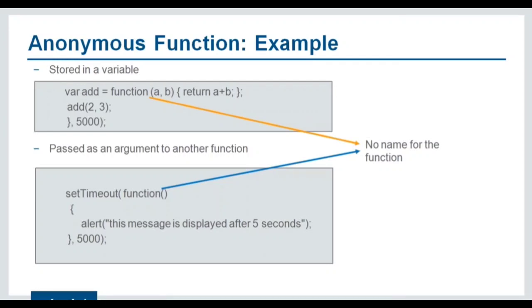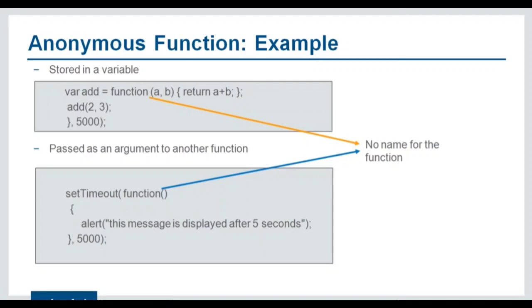This function will execute its first parameter, which is a function, only after that time has ticked, and that time is your second parameter. So this is how the setTimeout function works. In such methods, wherein your parameters are functions, you can define your anonymous function. So these are the two ways you can create your anonymous function.